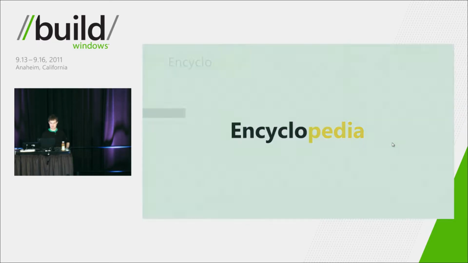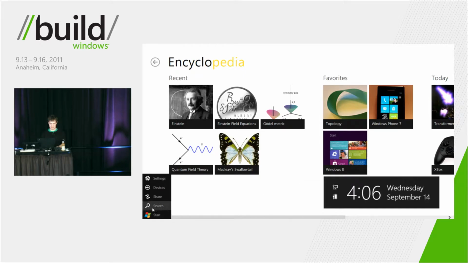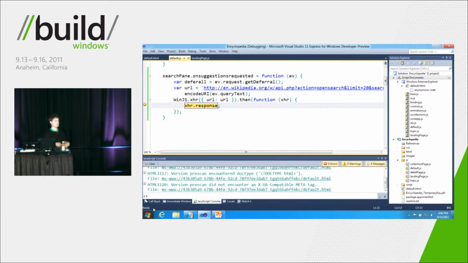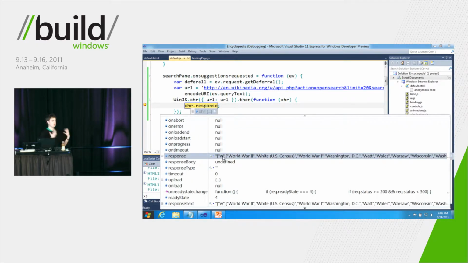So I'm going to run this application again. And again, we're going to go in and search. But this time, as soon as I type a single character, Windows is going to be invoked and ask me what is available that starts with a W. As soon as that's happened, I've gone off and made my XML HTTP request. And now I'm back inside my breakpoint, and I have this XHR object, which has all of the things you would expect.